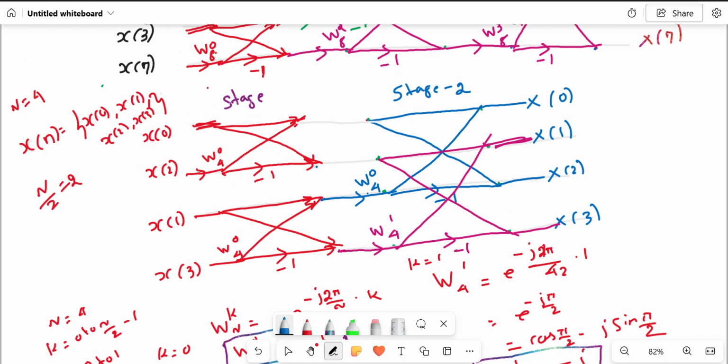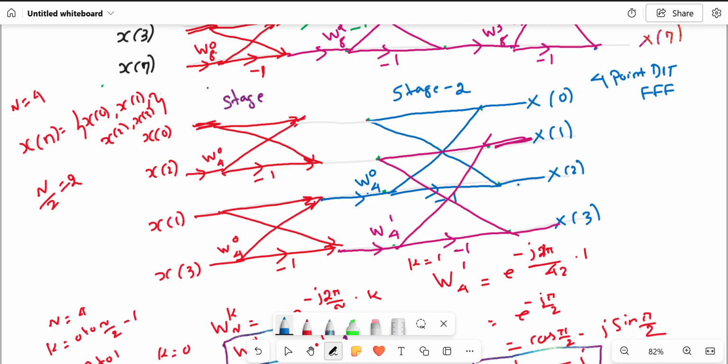This is 4-point decimation in time FFT algorithm. Okay, so this is the structure. Remember that for the lower wings, here only W04, here W04 and W14, to remember the structures.